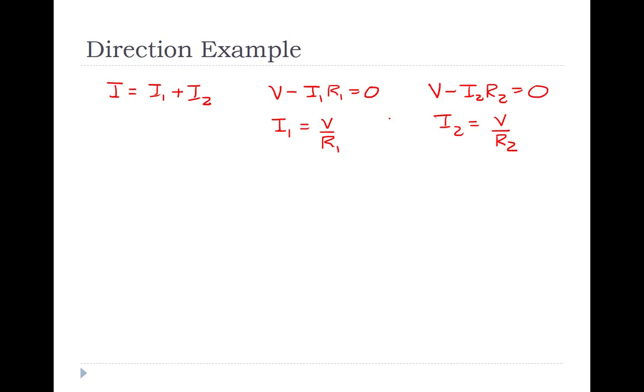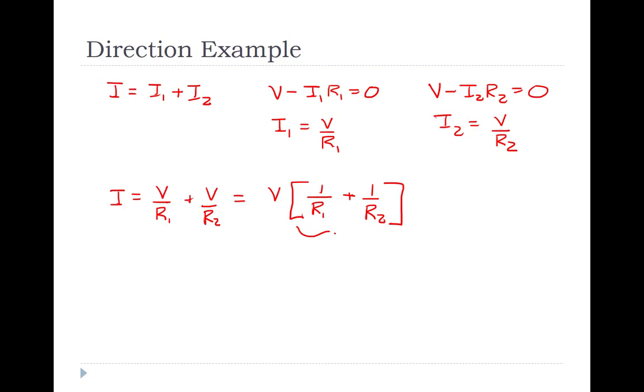Now I can take these 2 equations, plug them in over here, and I get I equals V over R1 plus V over R2, which is V times 1 over R1 plus 1 over R2. But this is the equivalent resistance for 2 resistors in parallel that we learned previously.